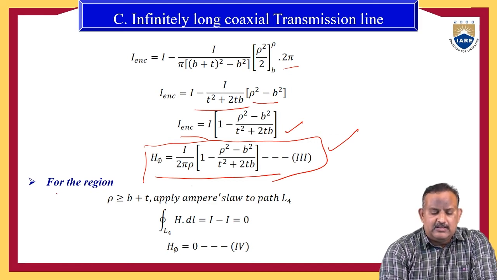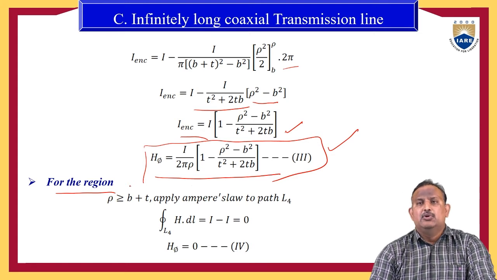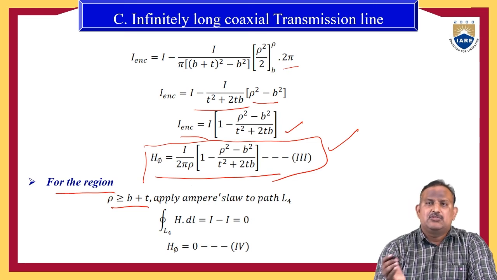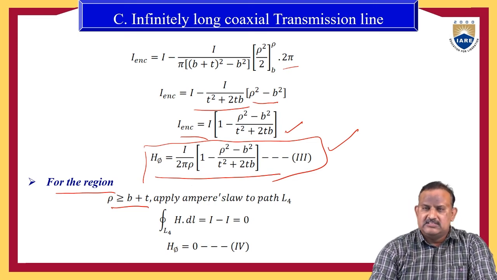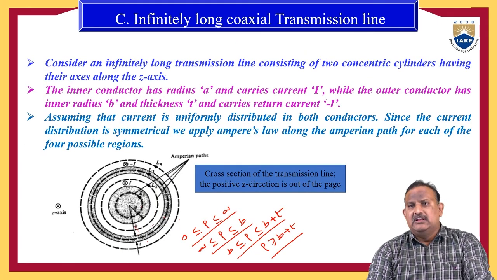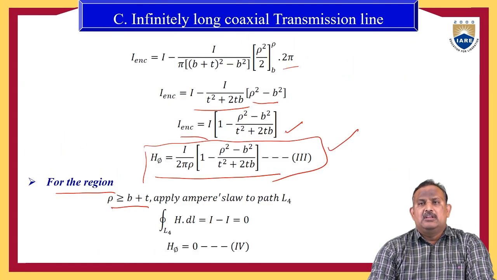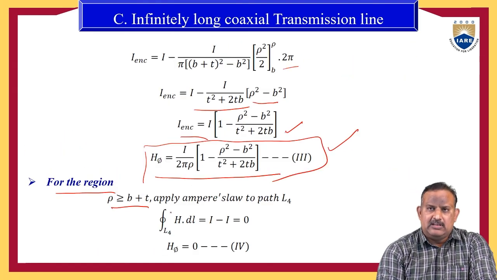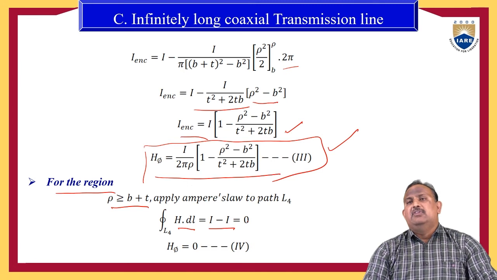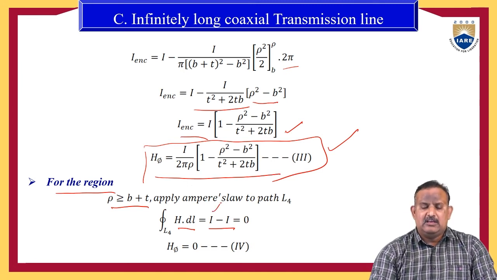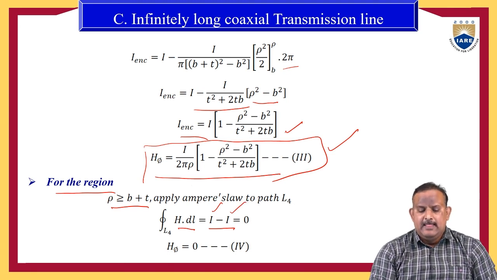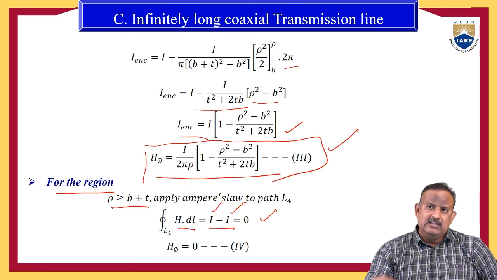Now we need to apply Ampere's circuit law for the fourth loop, where the limits are rho greater than or equal to B plus T. The fourth loop is completely outside the conductor, so directly we can write that the line integral of H·dl is equal to I minus I, the total current, where I is the current of the inner conductor and minus I is the current of the outer conductor. If we add the total current, I minus I equals 0, because it is outside the conductor.